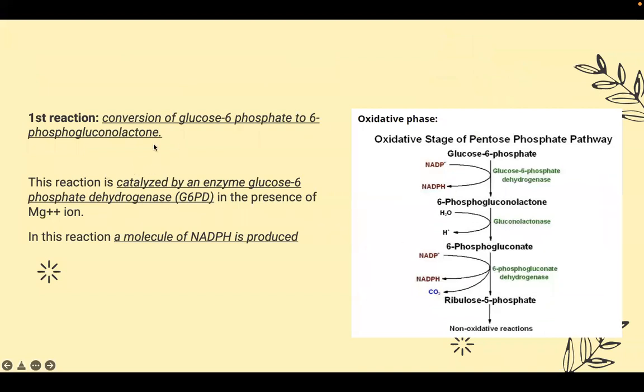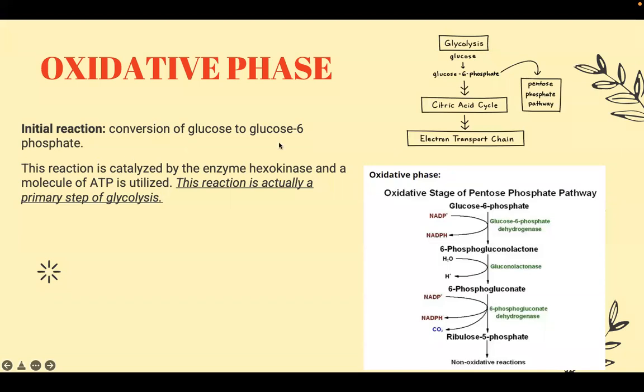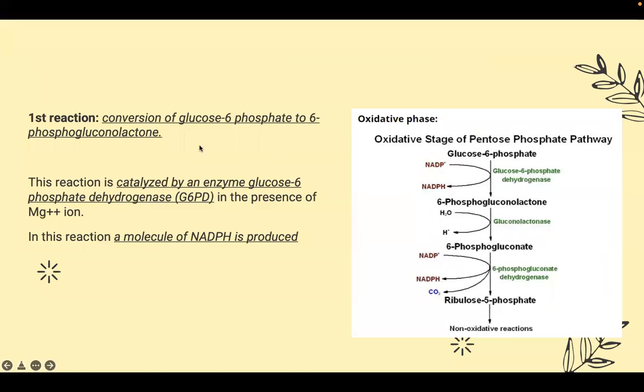Okay, yung first conversion of glucose 6-phosphate to 6-phosphogluconolactone. Again, first reaction po siya, pero initial po siya. Initial reaction, parang zero reaction. And then the first reaction, dito napapasok yung conversion of glucose 6-phosphate to 6-phosphogluconolactone.